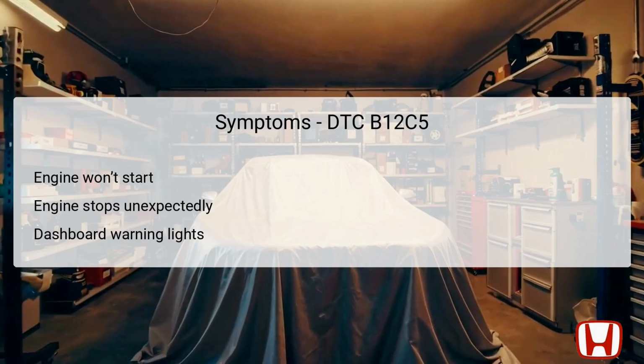Additionally, there may be irregularities such as dashboard warning lights illuminating, alerting the driver to a problem within the engine or electrical systems. These symptoms can be frustrating as they can hinder the vehicle's operation and result in safety concerns on the road. Understanding these symptoms is crucial in diagnosing the underlying issues that lead to this DTC being triggered.